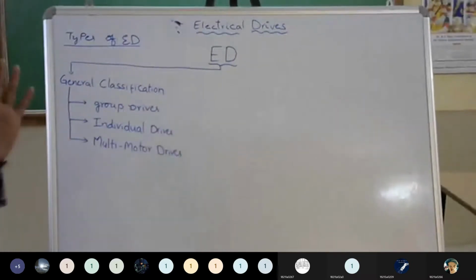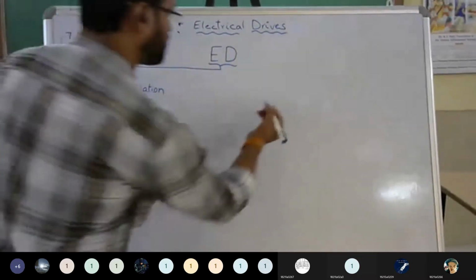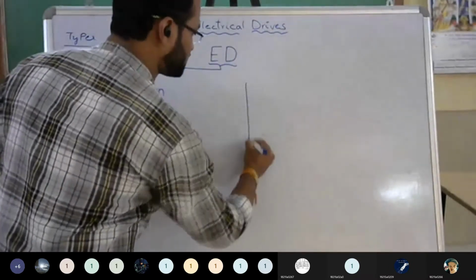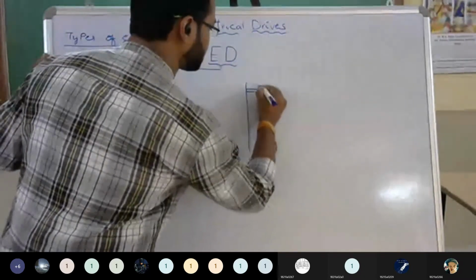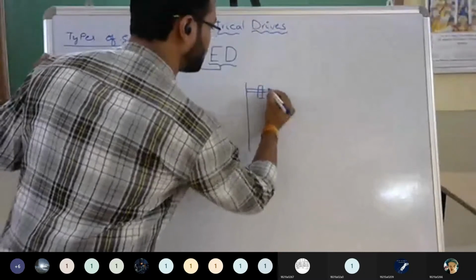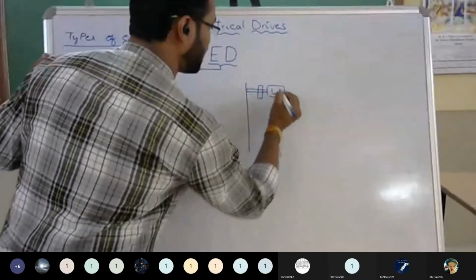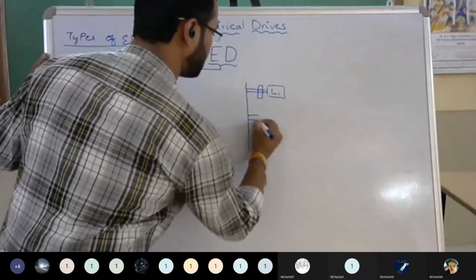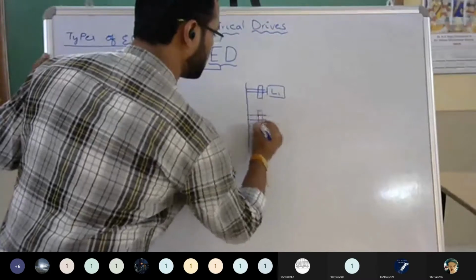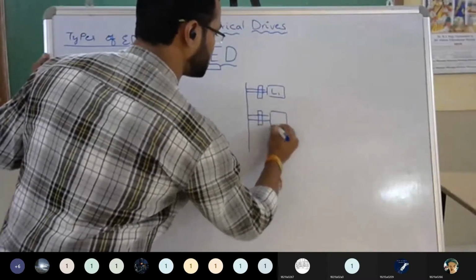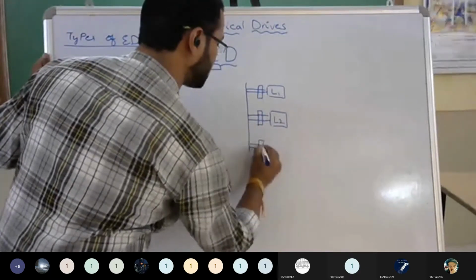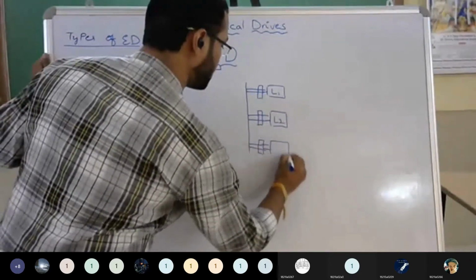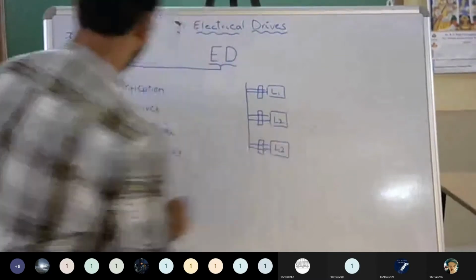Generally, as we discussed, drives means we have to drive a load. Suppose we have loads. Consider L as a load. So this is L1, this is L2, and this is L3.